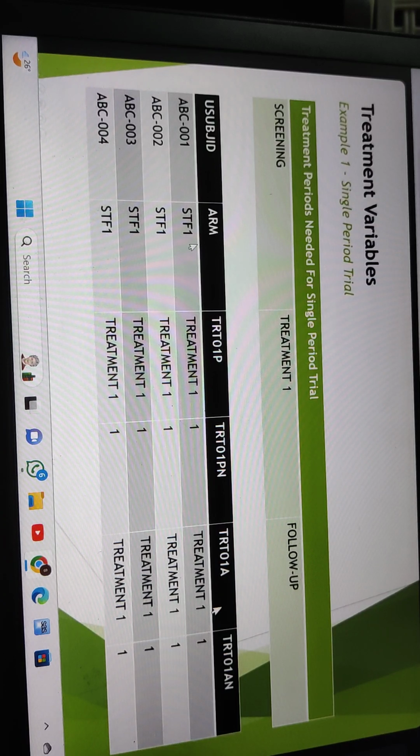It is nothing but your planned treatment. TRT01P is treatment 1, treatment 1, treatment 1, so obviously the numeric is 1, 1, 1. The actual will also be there, because we have only one treatment. So this is the planned, and the actual is treatment 1 and TRT01AN also 1. This shows a single arm or single period trial.